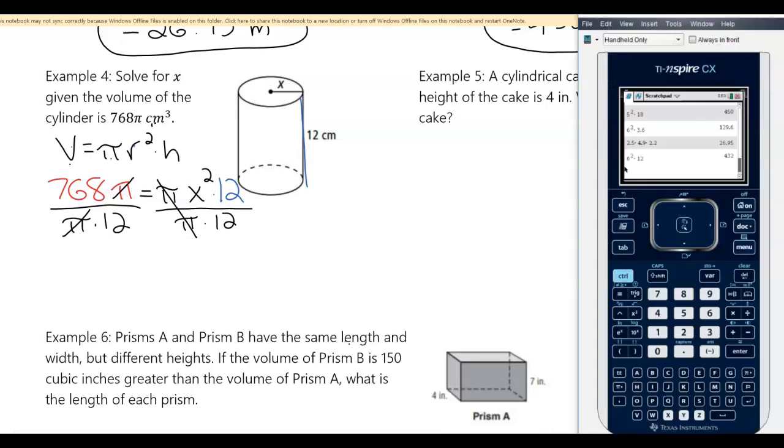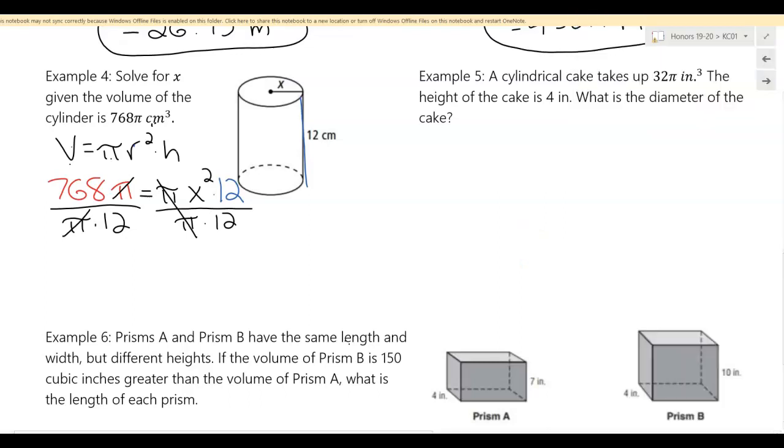So then all I have on this side is 768 divided by 12, which is 64 equals x squared. And then I can just take my square root, right? Square roots are the opposite of squaring something. So 8 equals x. Okay? 8 centimeters.